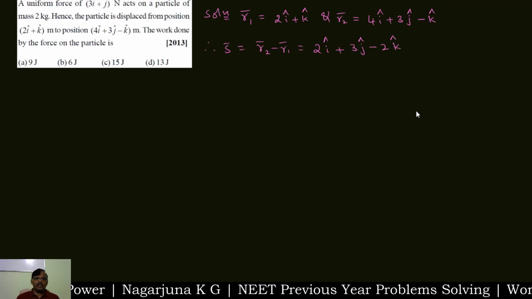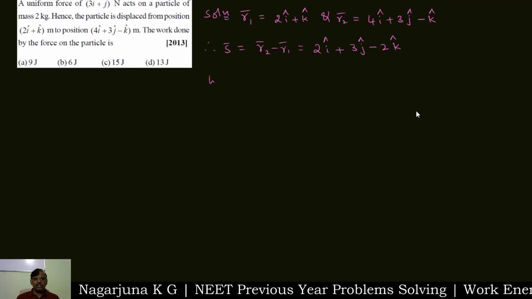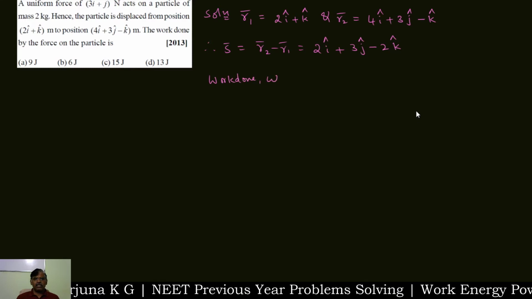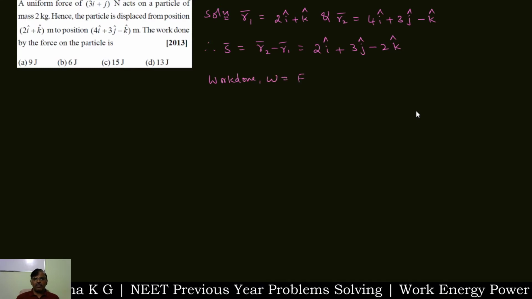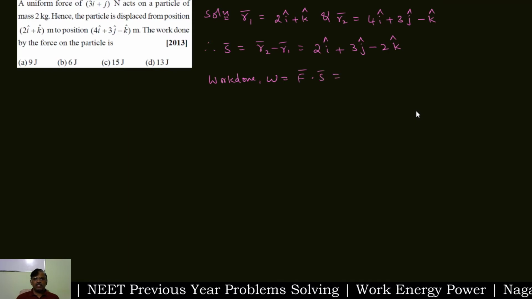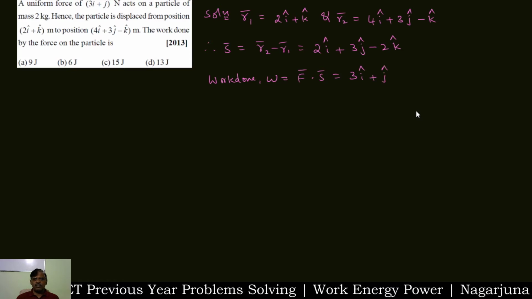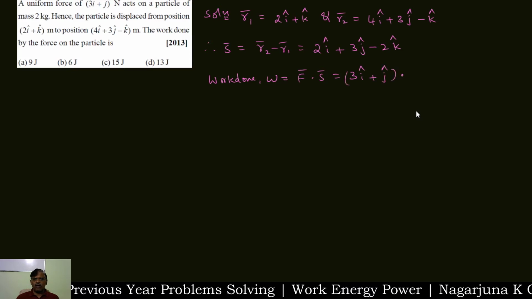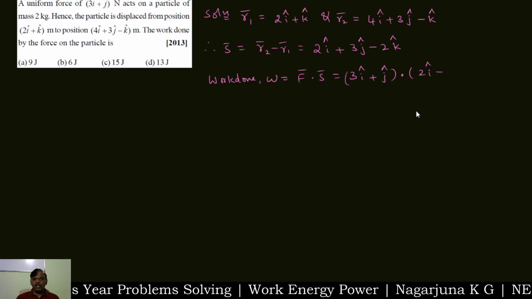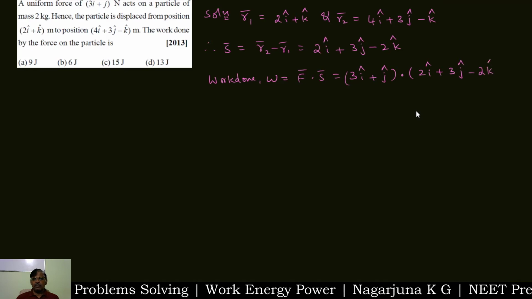This is the displacement vector, and the force vector is given in the question. Therefore, directly we can write the work done. Work done W is equal to F bar dot S bar, where the force vector is 3 i cap plus j cap, dotted with the displacement vector 2 i cap plus 3 j cap minus 2 k cap.